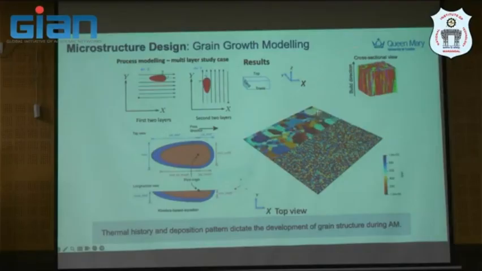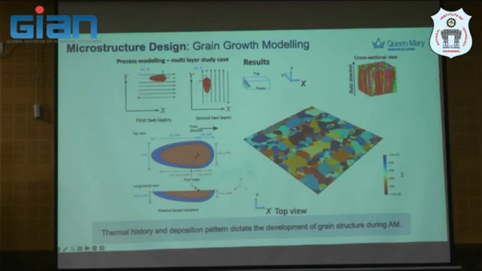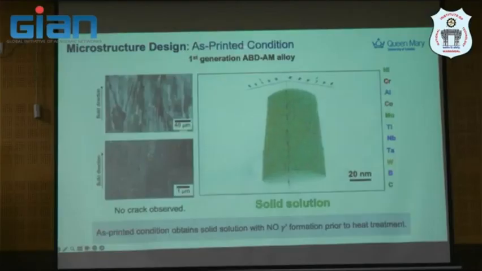At that time, we also did some simple grain growth modeling to understand the microstructure as a function of the parameters that we optimized. And then we checked the printed condition. Again, this involves not only modeling, but also a lot of experimentation, so you can see what happened.